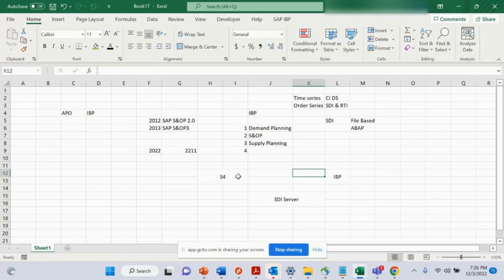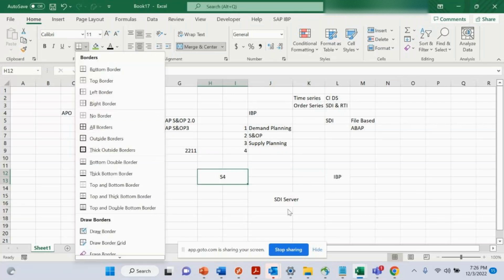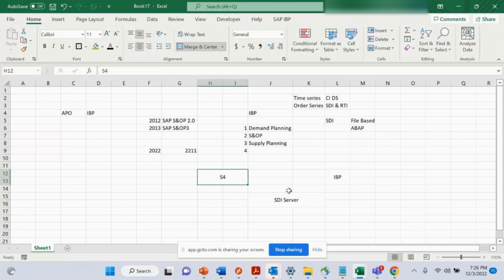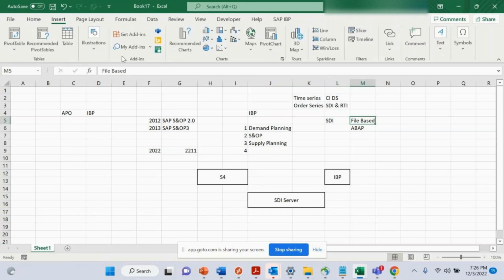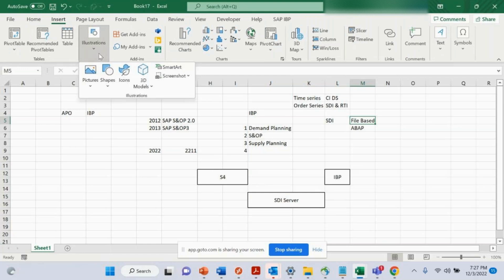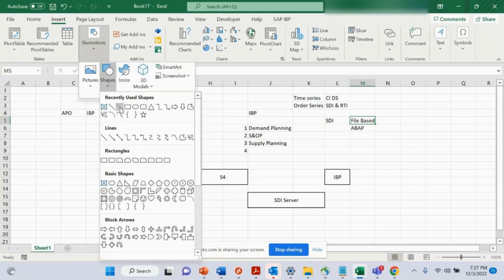So the process is that in case of file based adapter, we are fetching our required data file from S4 to that file based server, that is the SDI server.